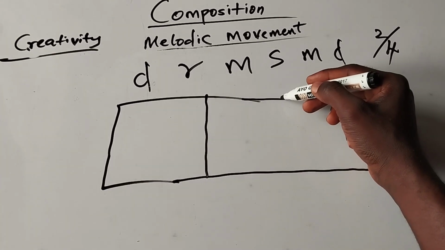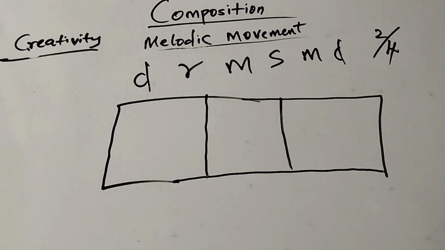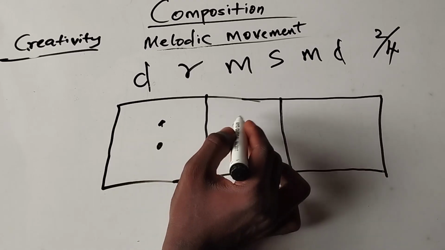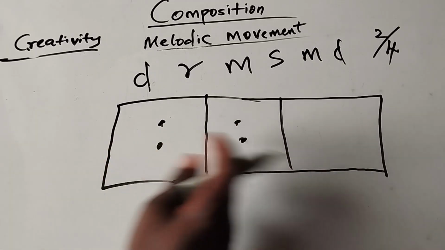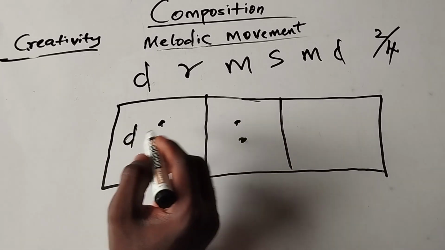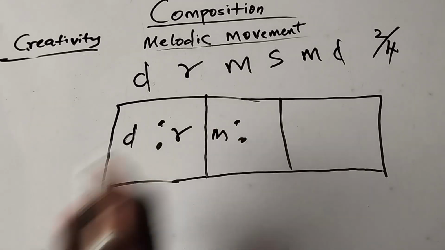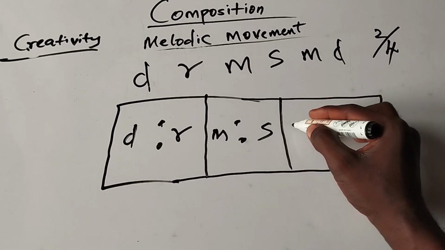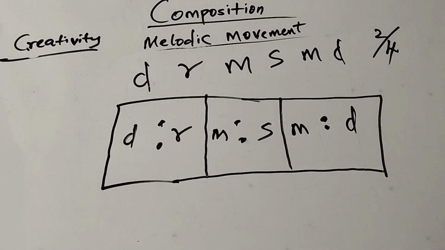Remember we said that when you have only one column, that forms 2/4 in each bar. So I can decide to put do, re, mi. I don't even know how the song will look. So this is the song now.